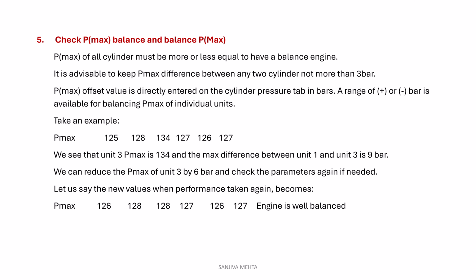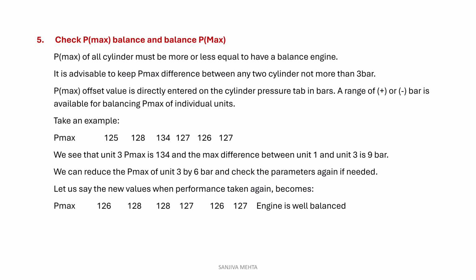Pmax balance. Of course, run the engine, check the parameters. Pmax difference between individual cylinders in a unit, whether 6, 7, 8, whatever unit, is normally recommended to be 3 bar. How much does your company recommend? 3 bar.